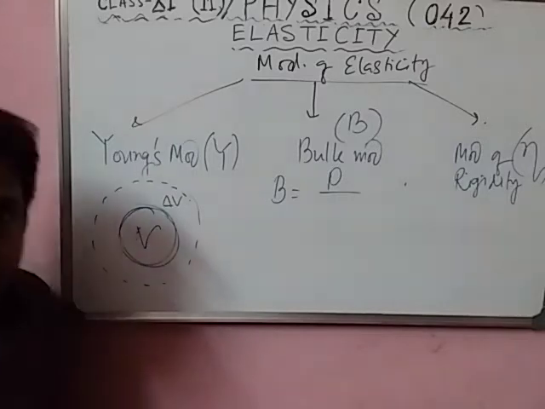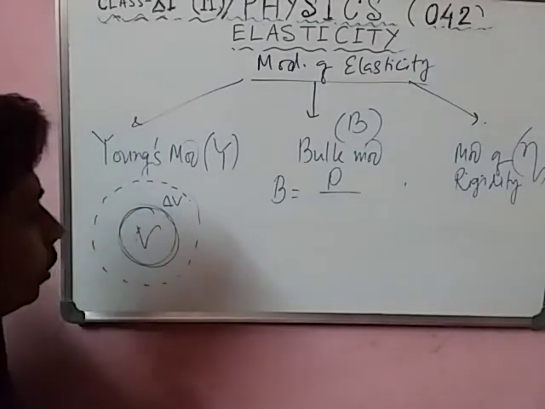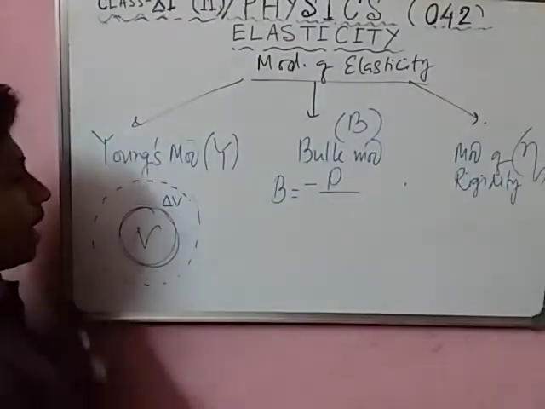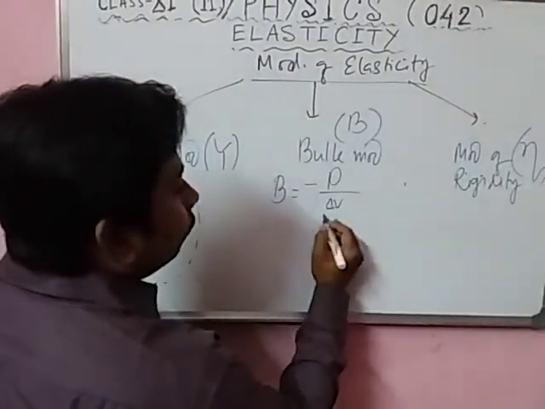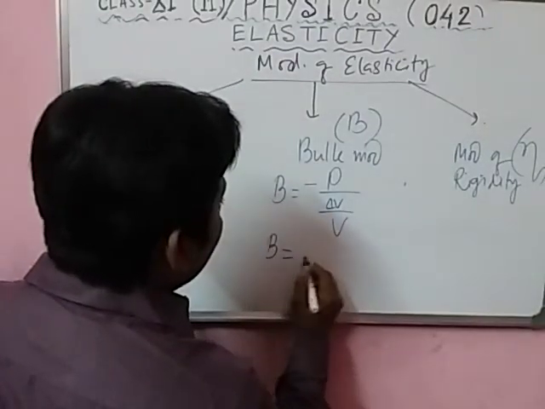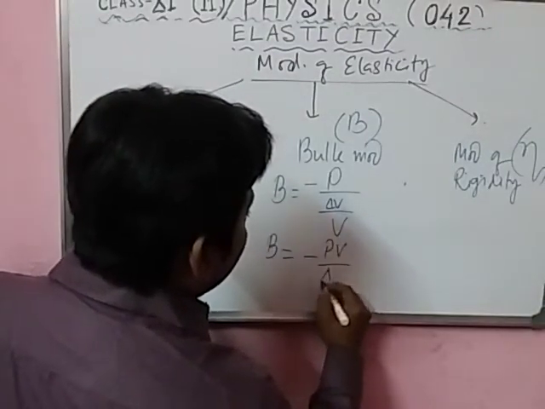So volume and pressure, students, are inversely proportional. So for bulk modulus you can write minus P and the change of volume by original volume. So B equals minus PV by delta V.